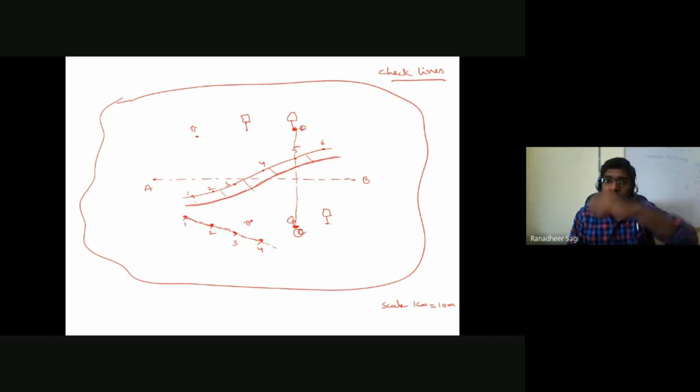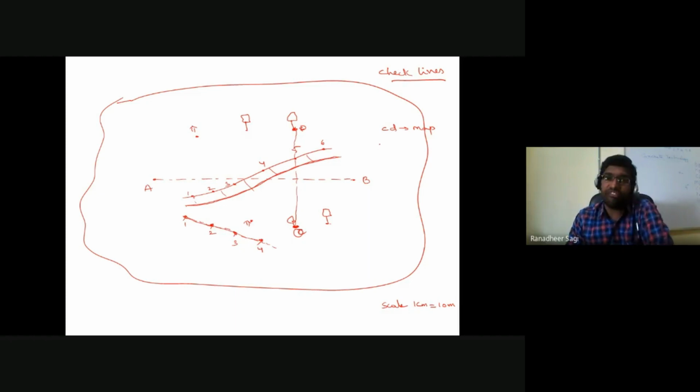So between point C and point D in my map, I'll try to measure the distance. It's a measurement in the map.